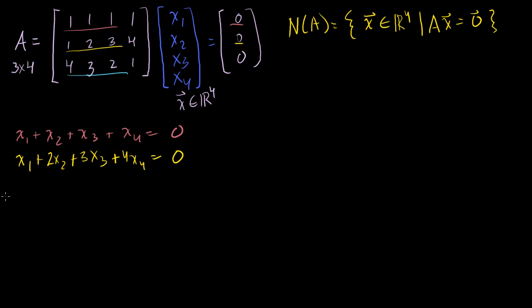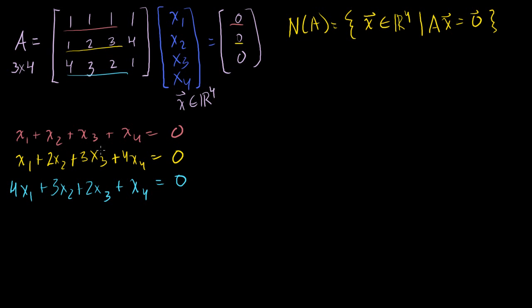So you get 4x1 plus 3x2 plus 2x3 plus x4 is equal to 0. And we just have to find the solution set to this, and we'll essentially have figured out our null space.